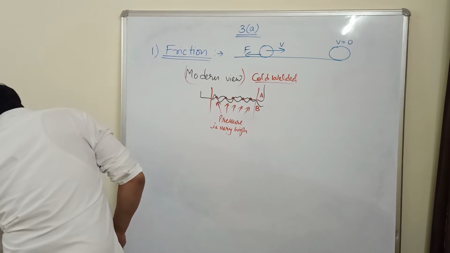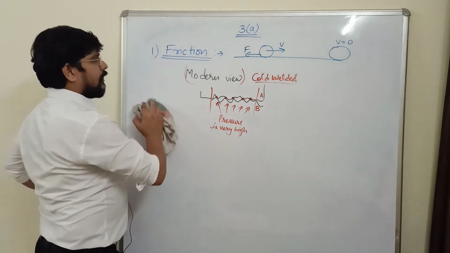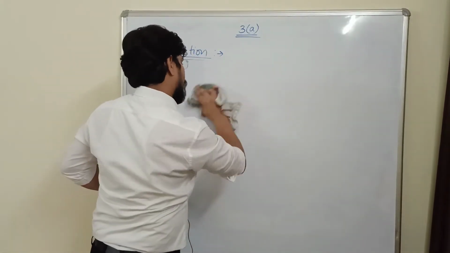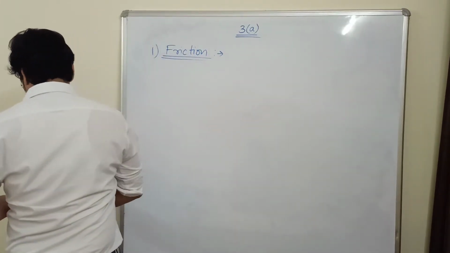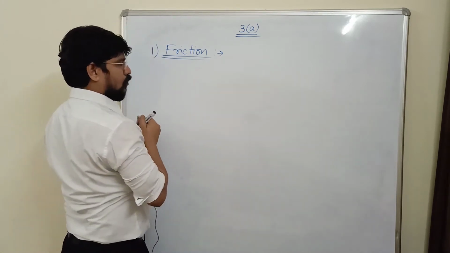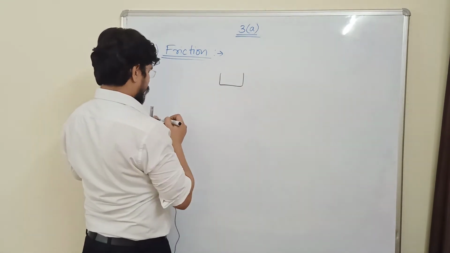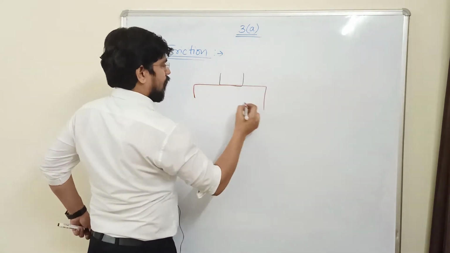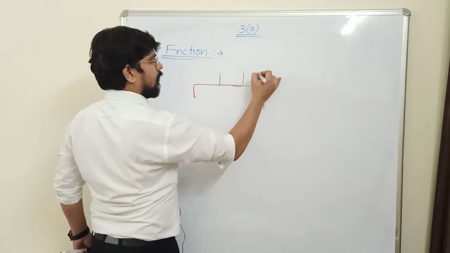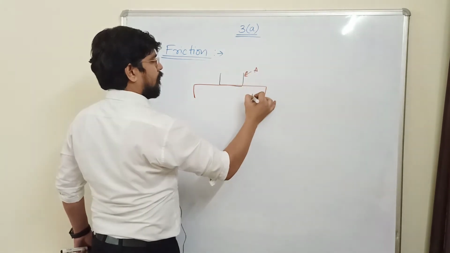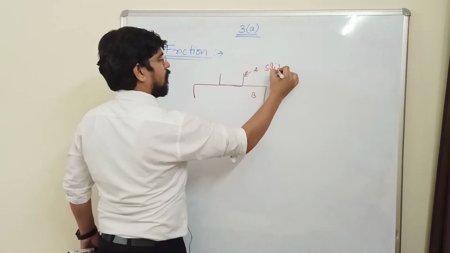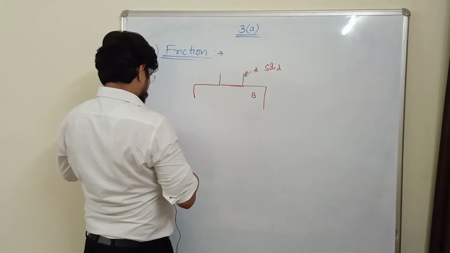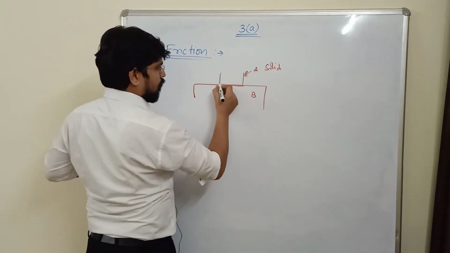Next, we have one more small discussion here: external friction and internal friction. When we are studying friction in solids, like when one solid object is moving or sliding over a surface between solids, like A and B both being solid surfaces, and the force of friction is there at the interface of these two objects.